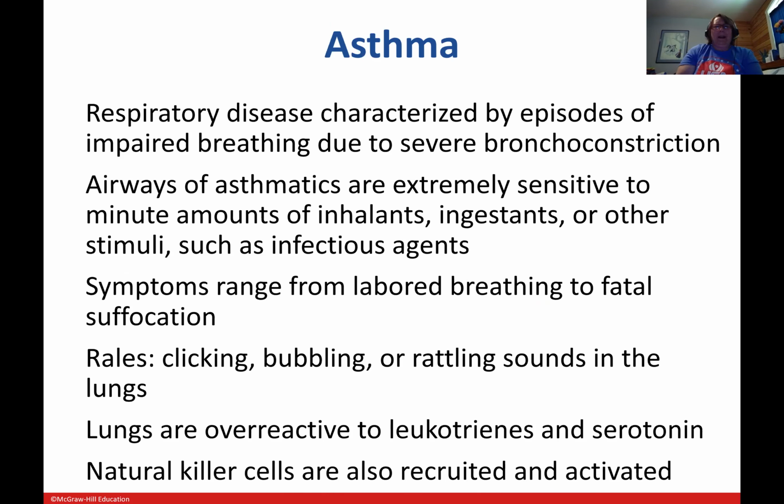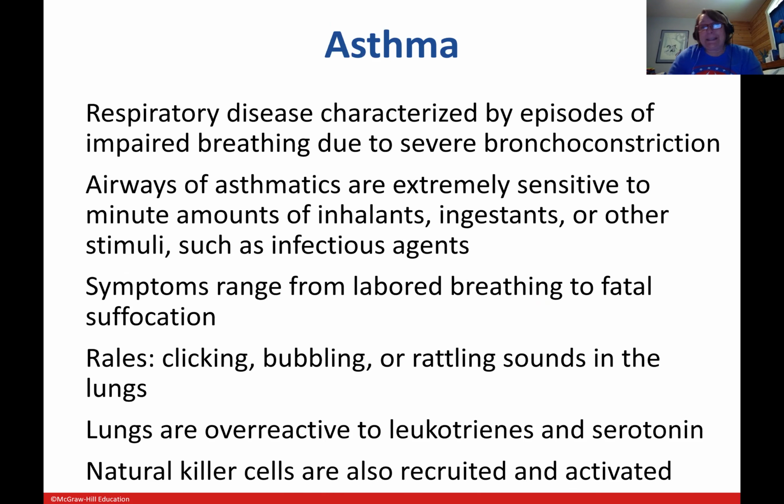And so you can sometimes have asthma, which is just a lot of coughing or a little bit of labored breathing, or you can actually suffocate if the symptoms get bad enough. Often there are rales, which are basically clicking, bubbling, rattling sounds in the lungs that you can hear if you use a stethoscope.